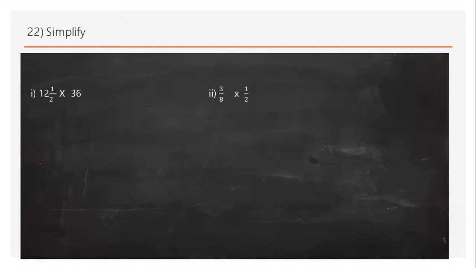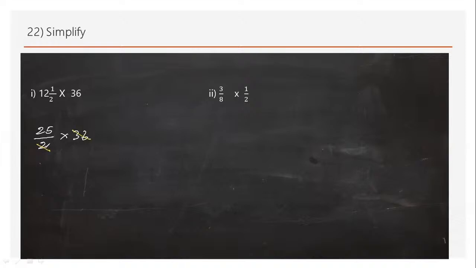Right, this one, 22. Simplify. First convert this to an improper fraction. 2 times 12, 24 and 1, 25 over 2 into 36. Now simplify over the line.